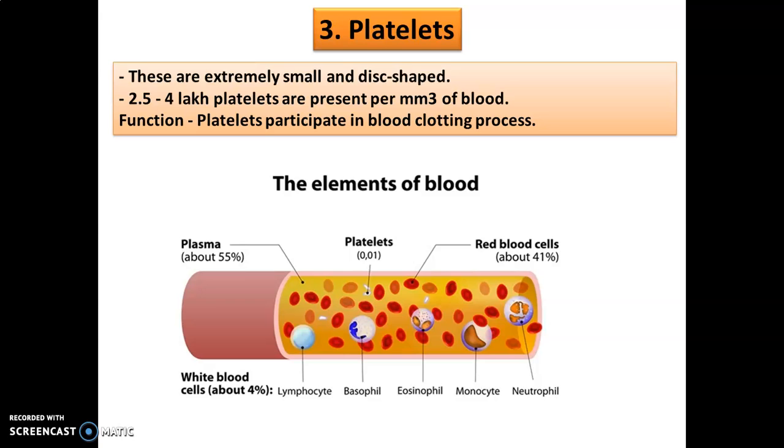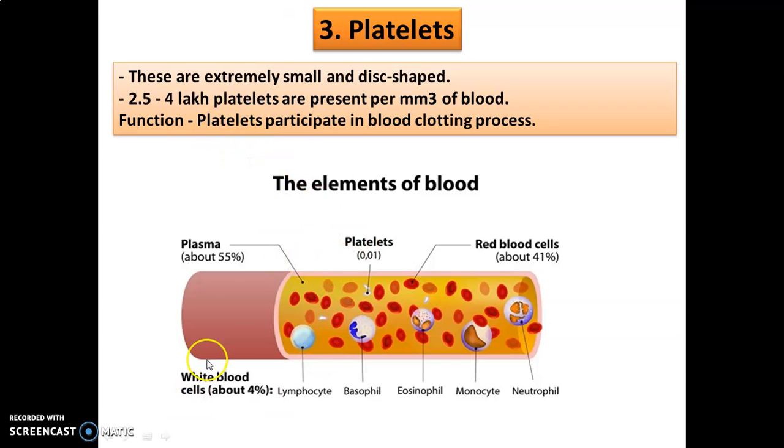Because if there is no blood clotting, the entire blood will flow out of the body and we will die. So clotting of the blood is very important. We also have some inorganic elements in plasma that help in blood clotting, as well as the platelets.